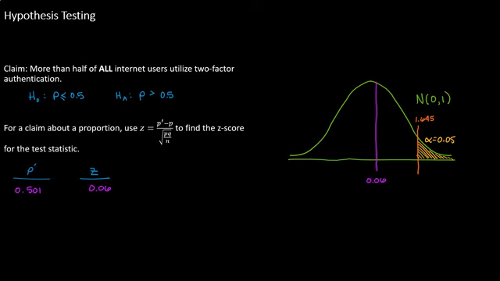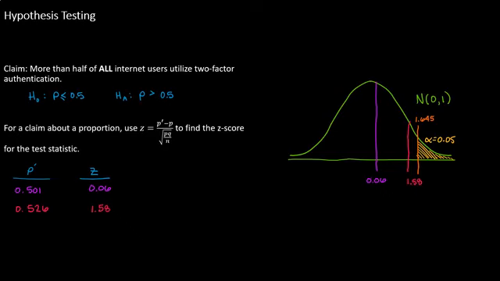If we could reject the null hypothesis and say there's no way that this is true, we would be able to say there's sufficient evidence to support our original claim. But that's not the case for that sample data. What about the sample that resulted in 52.6% of users utilizing two-factor authentication? The z-score for that proportion is 1.58, which again would fall in the fail to reject region.